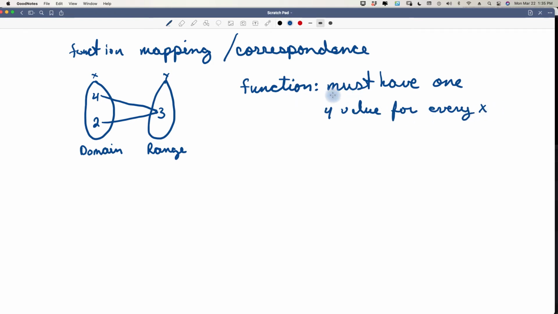Okay, so one y value for every x. In this case, 4 has 3 and 2 has 3. So every x value has a y value. So this is a function.